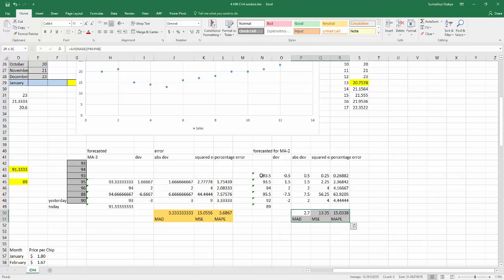So now we have the 3 indices that tell us which forecasting method is better. So if we were to compare our values, let me bring them all to the same format.